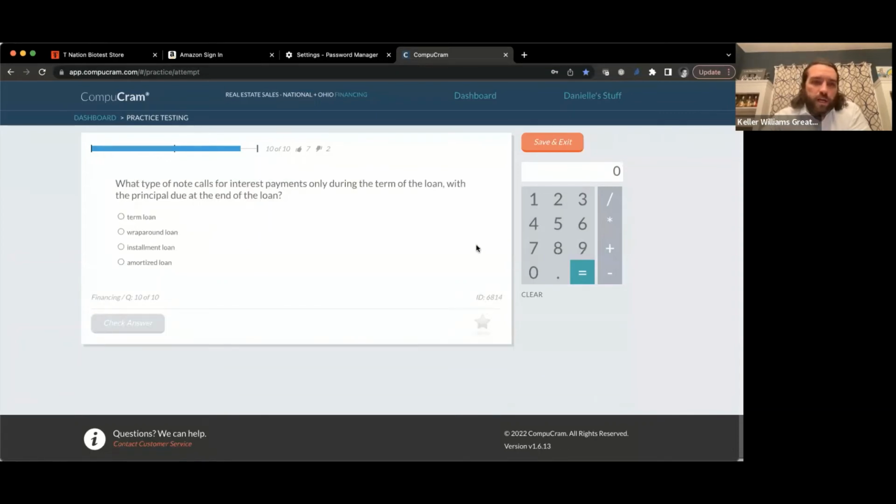Question number 10, what type of note calls for interest payments only during the term of the loan, with the principal due at the end of the loan? Is this A, term loan, B, wraparound loan, C, installment loan, or D, amortized loan? You're making interest only payments throughout the life of the loan, and then at the end, you pay the full principal amount.